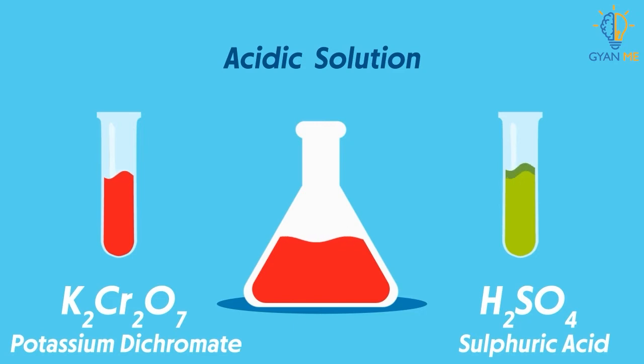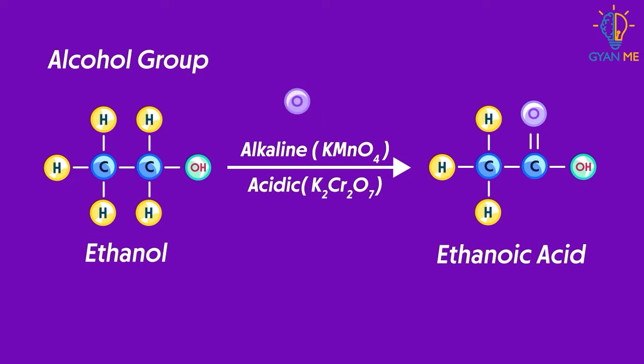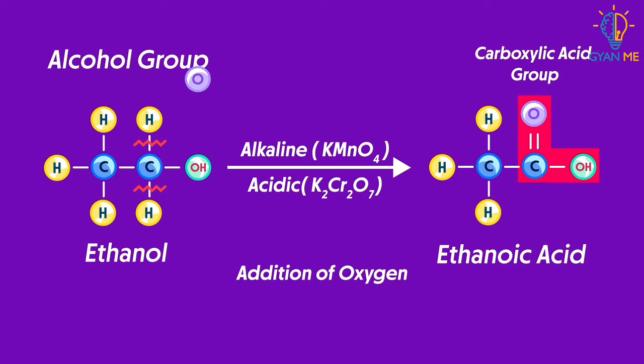Okay, now coming back to our reactions. What is happening here is that oxygen from these oxidizing agents is getting added to the alcohol group like this. So we get a carboxylic acid functional group. So is this oxidation? Of course yes. As we know, the addition of oxygen is an oxidation reaction.